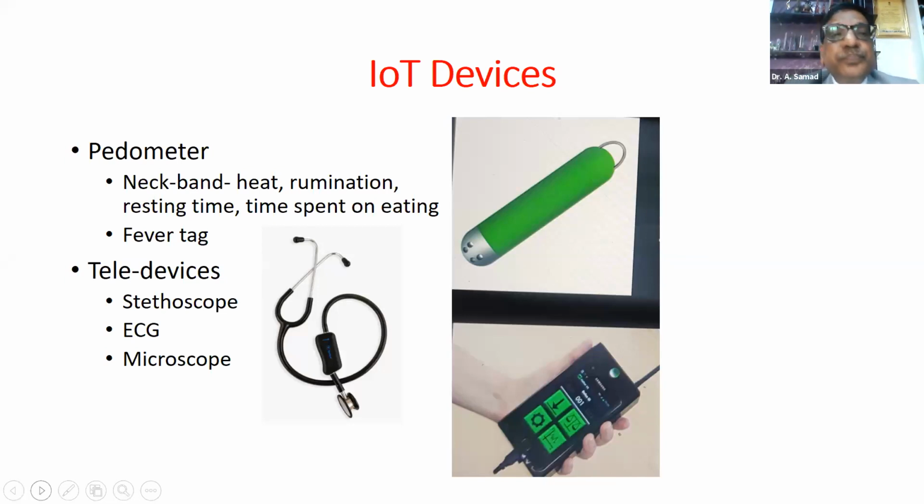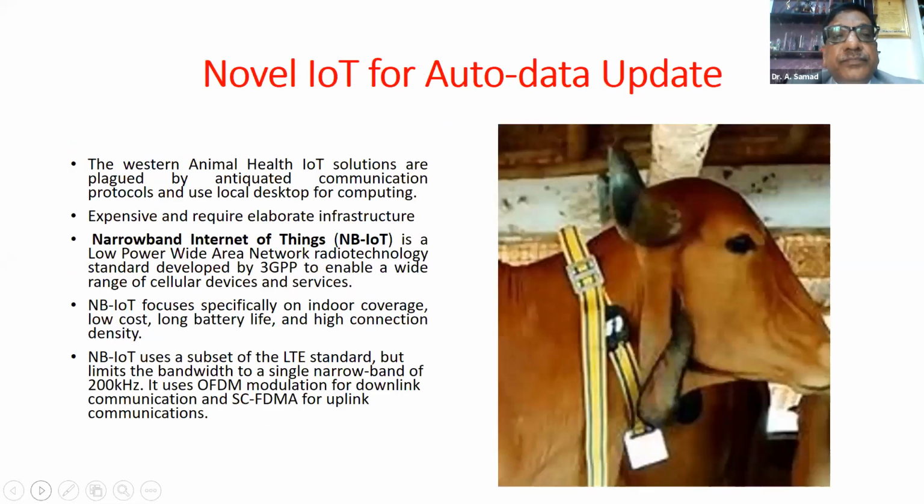Next, please. This is another example where I'm participating in research with Reliance Jio, where we are trying to develop a pedometer device which suits our animals' temperament, our ambient temperature and our management system, and is also very cost effective.